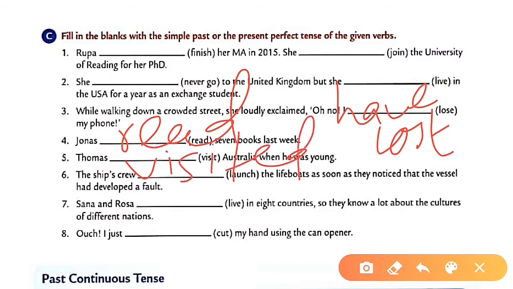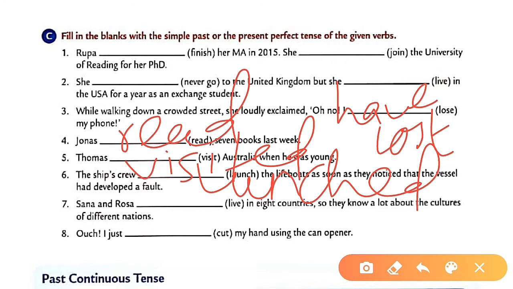Move to next. The ship crew launched the lifeboat as soon as they noticed that the vessel had developed a fault. The ship crew launched, simple past tense. Number 7.